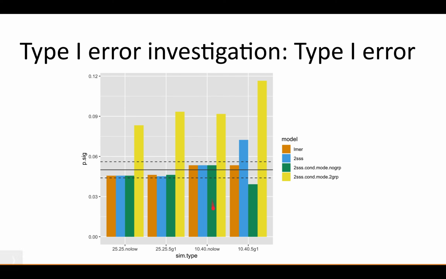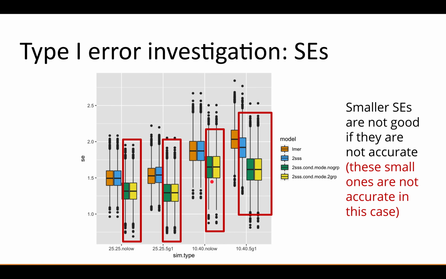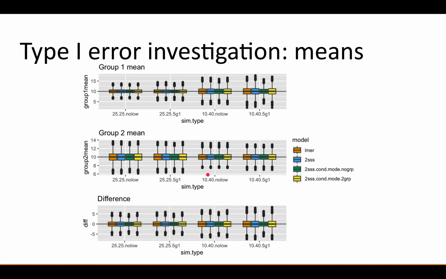But why did these green bars land within the good range when their standard errors were too small? Well, the standard error, which is the denominator of the t-statistic, was too small, but so was the numerator.